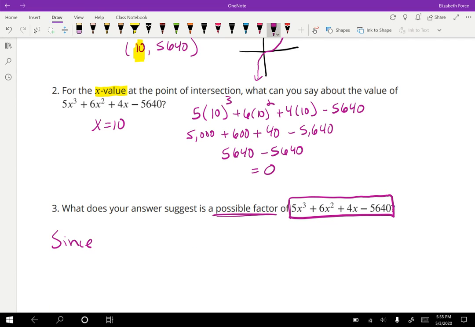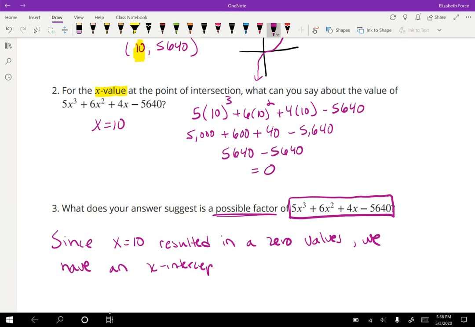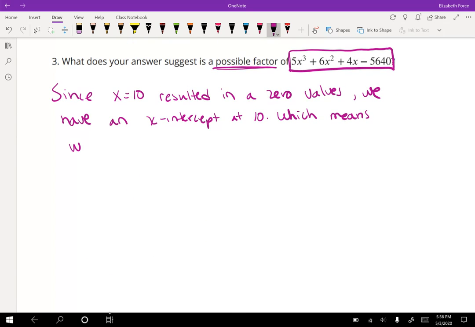Since x equals 10 resulted in a 0 value, we have an x-intercept at 10, which means we have a factor of x minus 10.